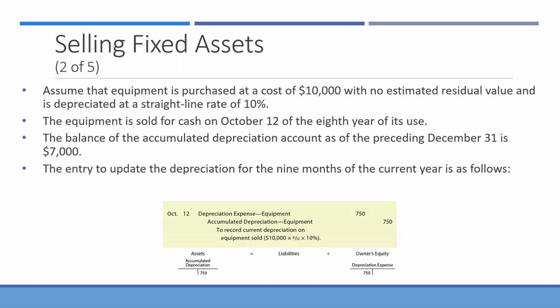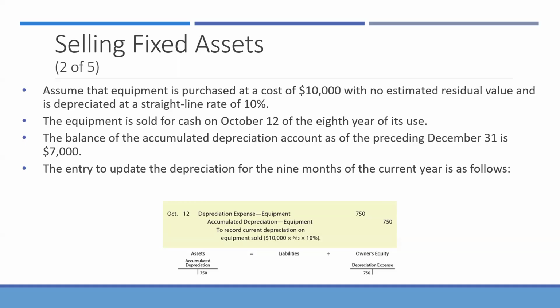So selling the asset, we have a $10,000 historical cost asset, straight line 10%, selling it for cash on October 12th. Since this is the first half of October, we're assuming it was sold the end of September. So we're depreciating 9 months of the year. $10,000 times 9/12 times 10% is $750. And so we have to record that as our depreciation expense as of October 12th.